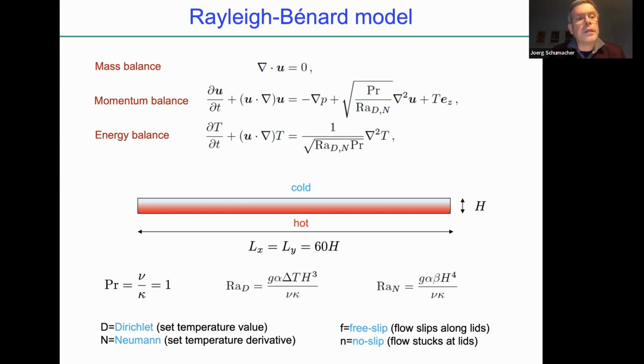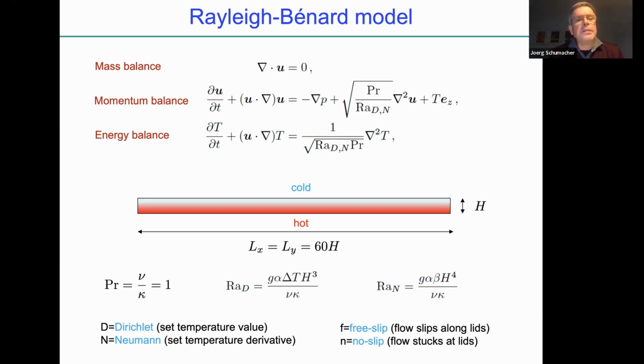from this model here. So I just put down the equations which we are solving in our direct numerical simulations. These simulations apply a so-called spectral element method, and they are thus exponentially fast converging as all spectral schemes.